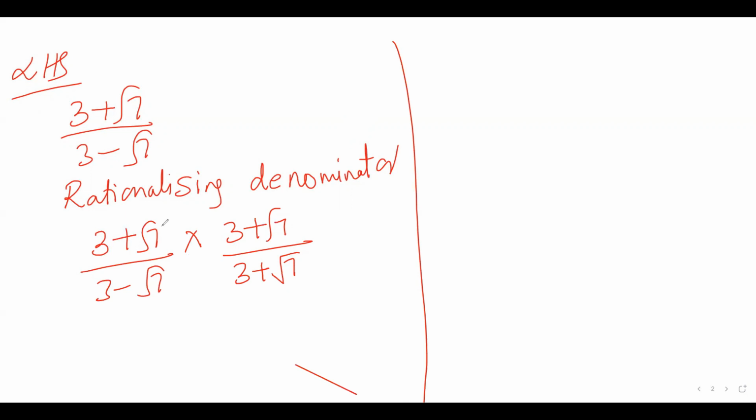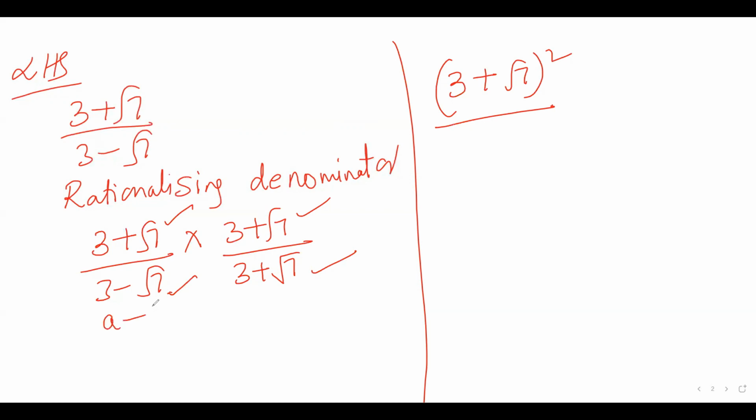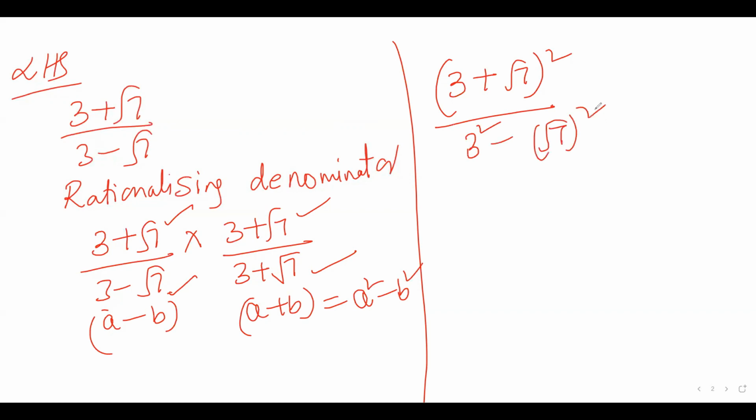So now numerator into numerator, that will be 3 plus root 7 whole square. And when you multiply denominators, they are in the form of a minus b into a plus b. It can be written as a square minus b square. A value is 3, b value is root 7.